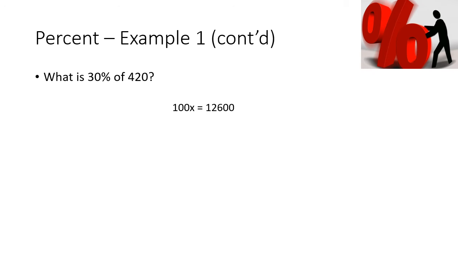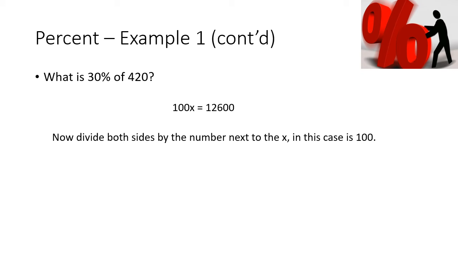Okay, so now we always divide by whatever number is next to the x. In this case, the number is 100. So we're going to divide both sides of the equal sign by 100. So we have 100x divided by 100 equals 12,600 divided by 100.